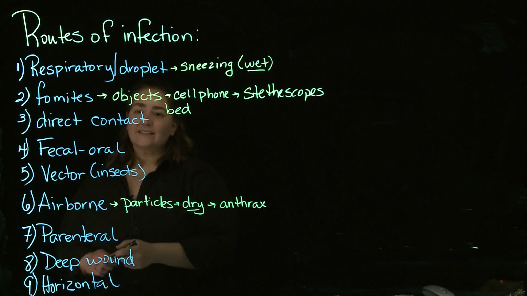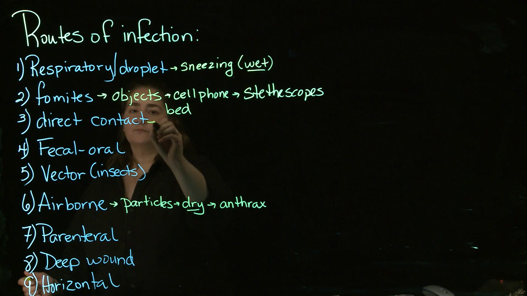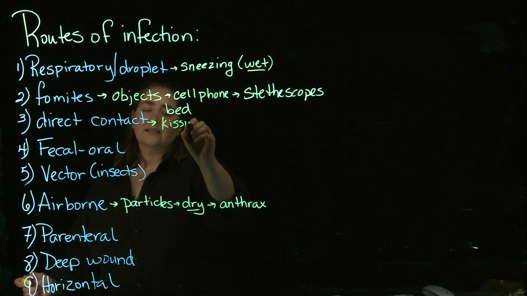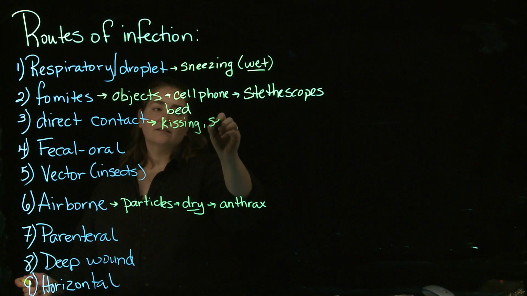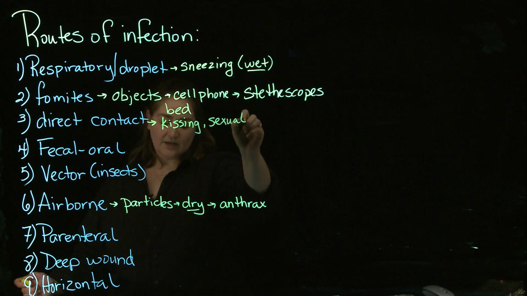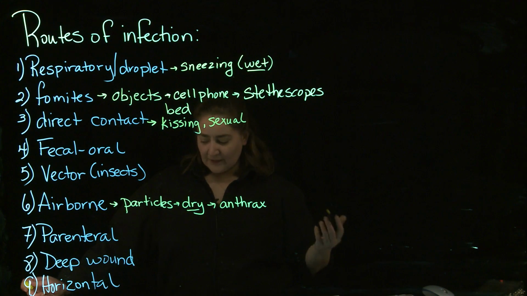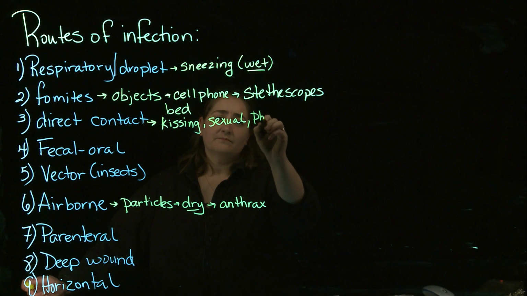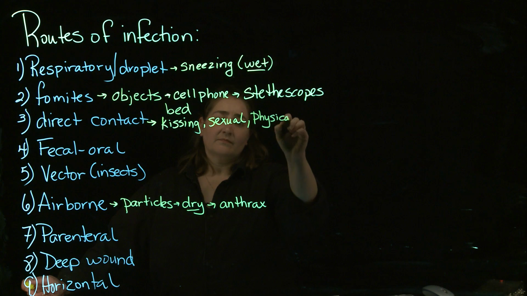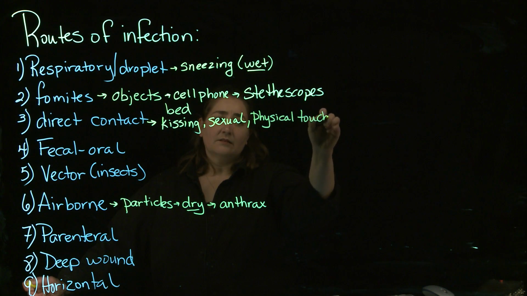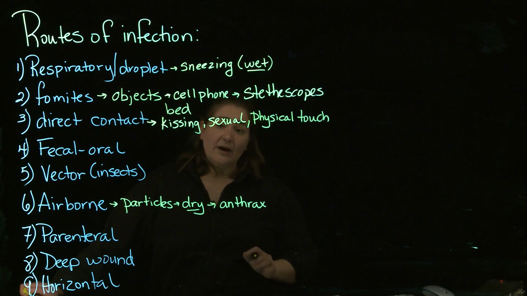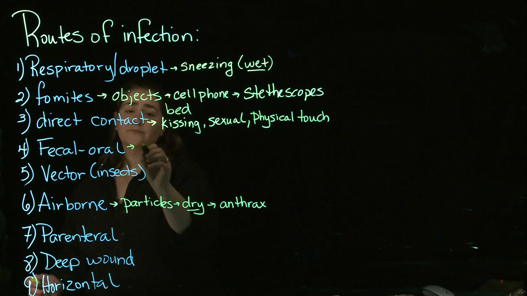Direct contact, that one's kind of clear, all right? This is going to be things like kissing, sexual contact, all right? Physically, you have to come in contact with the person. Okay? Fecal-oral, we talked a little bit about with the polio virus.